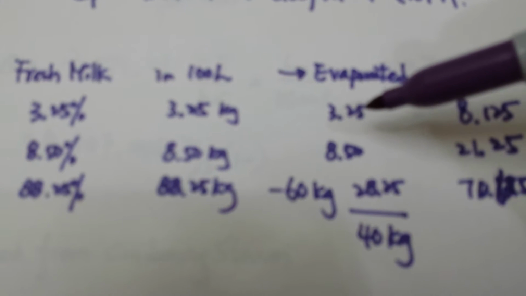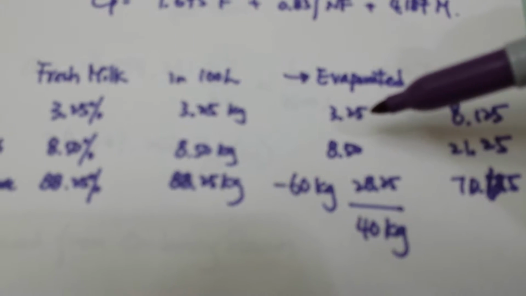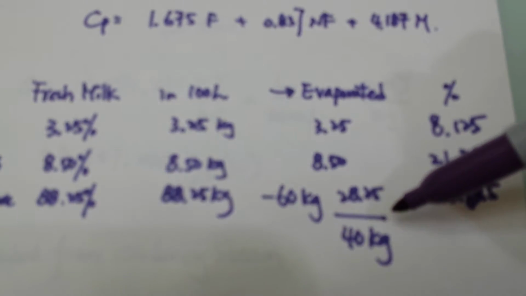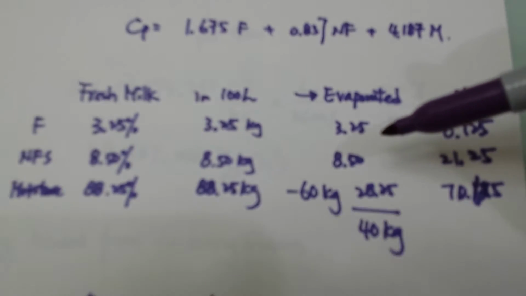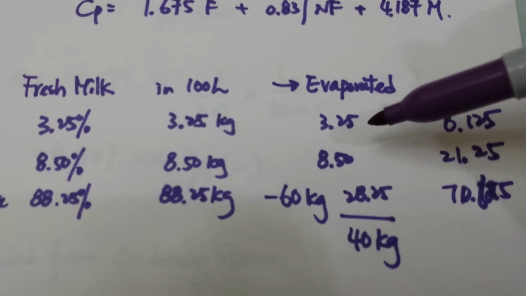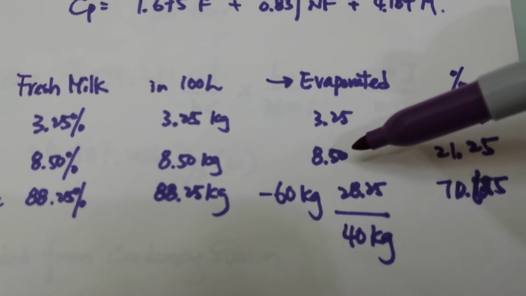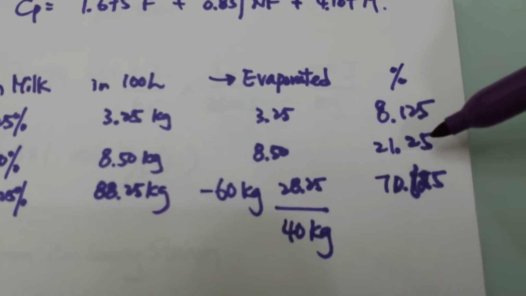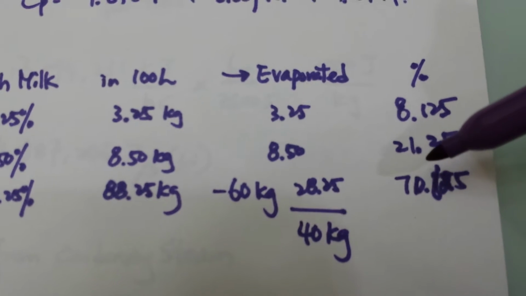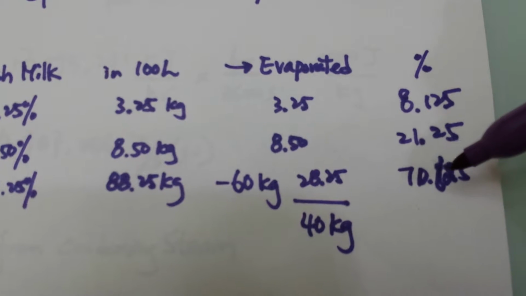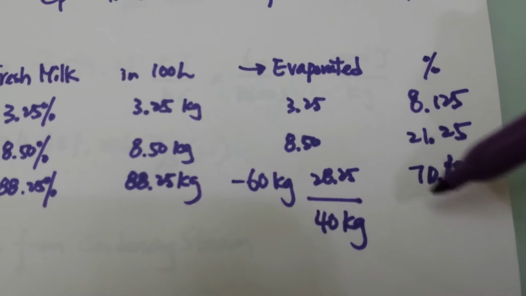So what I need to do now is convert 3.25 kilograms of fat into a percentage. So I have 3.25 divided by 40, 8.5 divided by 40, and then 28.25 divided by 40, to get, it's a little messy, 70.625%.